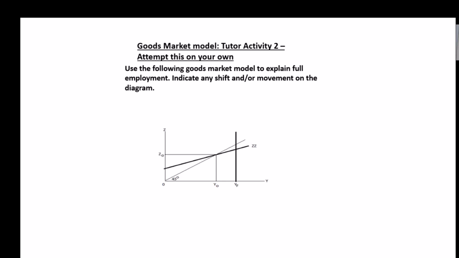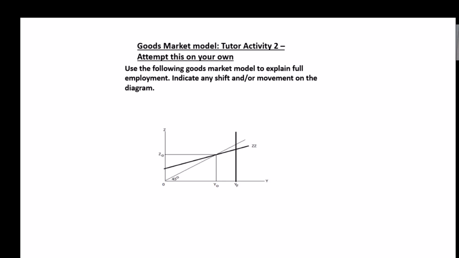To achieve this, what do we need to expand the economy? What are the policy variables available? Government spending and/or taxation. Very good. When we talk about an expansionary fiscal policy, we want to move the economy to full employment in this particular case. I'm telling you this because you need to explain this in words and explain it in the diagram.